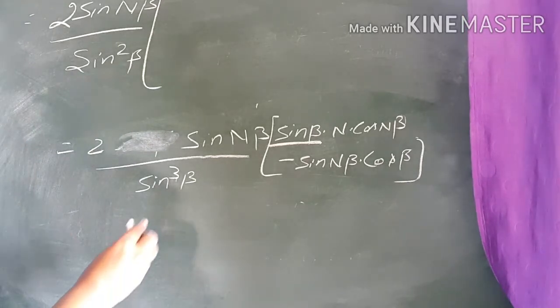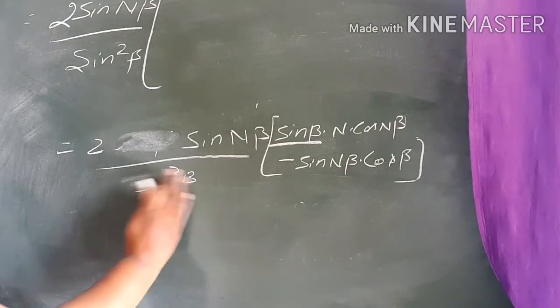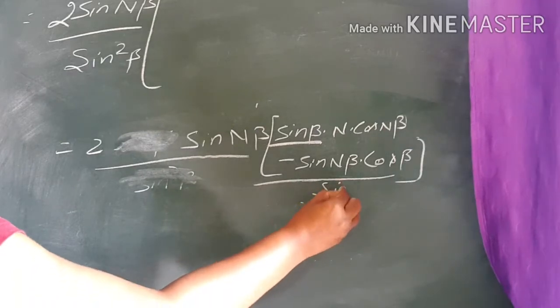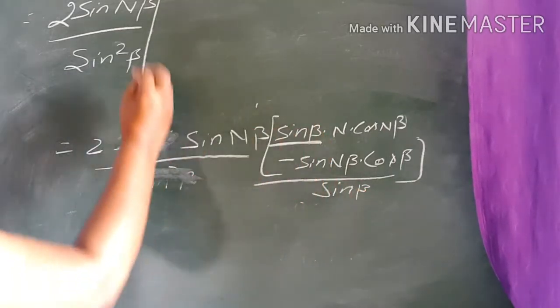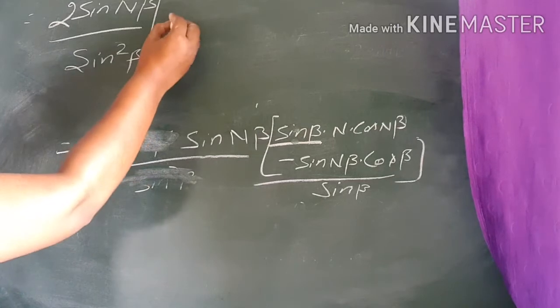Okay, then we have, if we divide by sine beta, then this sine beta is cancelled out by this.